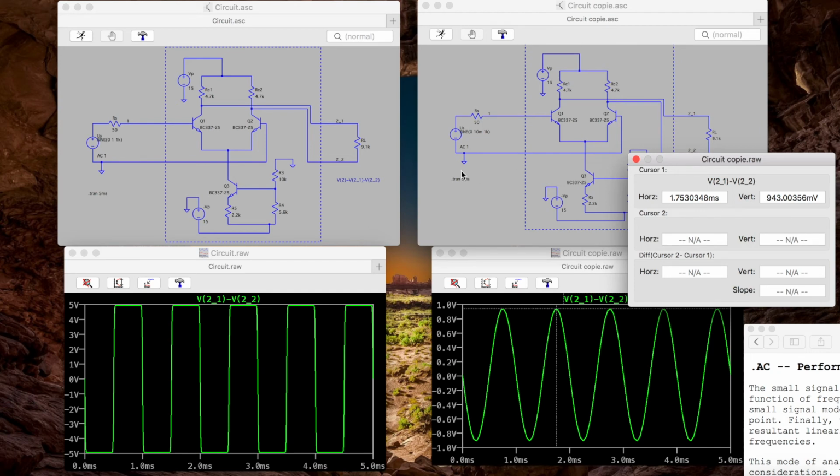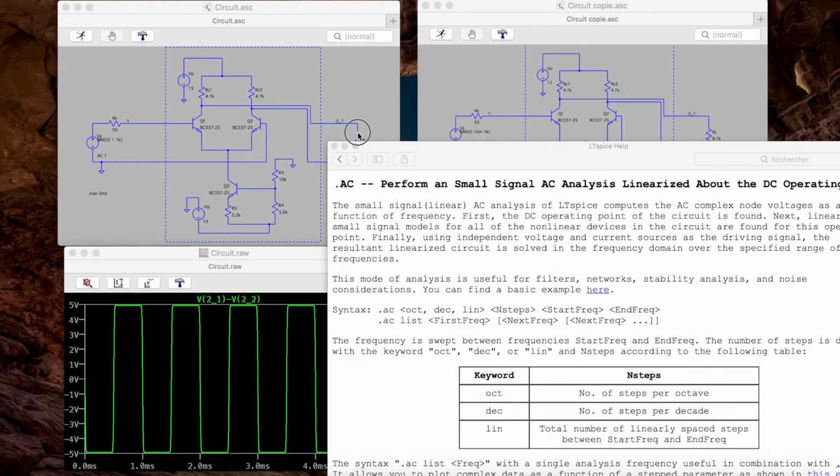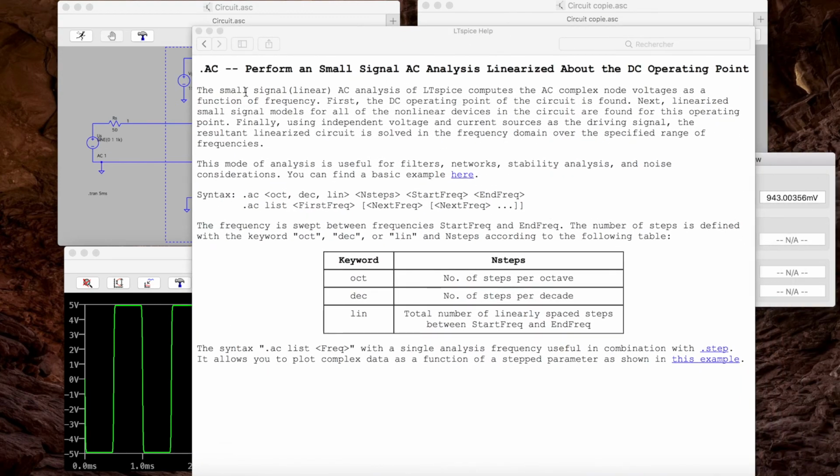But the results with the directive point AC for an amplitude of 1 volt were correct because this directive seems to maintain the linearity of the devices.